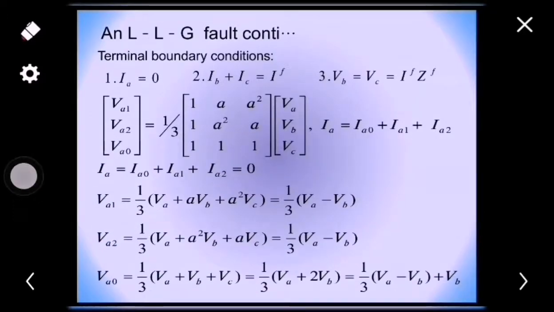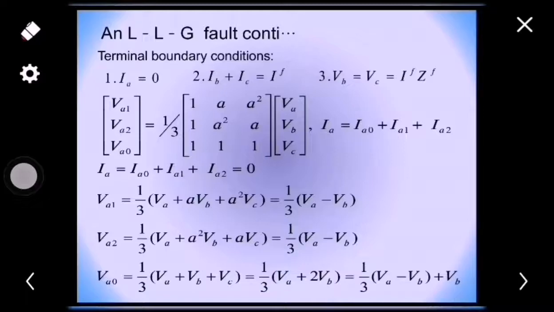Now put the boundary condition 3 in VA1, VA2 and VA0. We will have VA1 equal to 1 upon 3 (VA minus VB), VA2 equal to 1 upon 3 (VA minus VB), and VA0 equal to 1 upon 3 (VA plus 2 VB). Now instead of this 2 VB, I can write it in the form of 1 upon 3 (VA minus VB) plus VB.